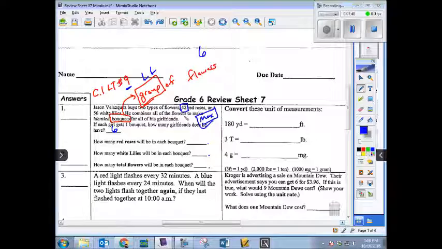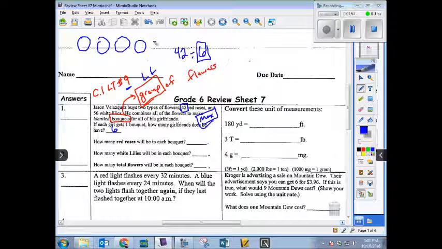In order to figure out how many roses are going to be in each bouquet, we're going to take that 42 and divide by the 6, because the 6 is the amount of bouquets he has. So that's the amount of groups. You've got to think 1, 2, 3, 4, 5, 6. That's how many groups of flowers he has.